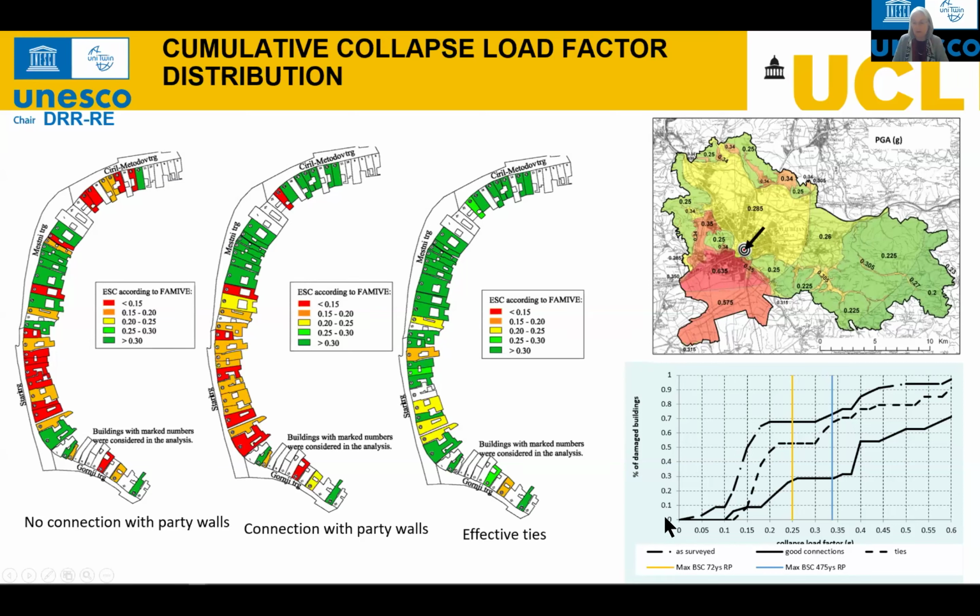We can then consider the cumulative distribution of the collapse load factors for the set that we have considered, with respect, for instance, to the maximum expected base shear corresponding to 72 years of return period and 475 years of return period for that particular site, and understand which proportion of the buildings we can expect to be damaged and how effective it would be to have anchors on all of them, reducing, for instance, the expected percentage of damaged buildings from 70% to 30%.